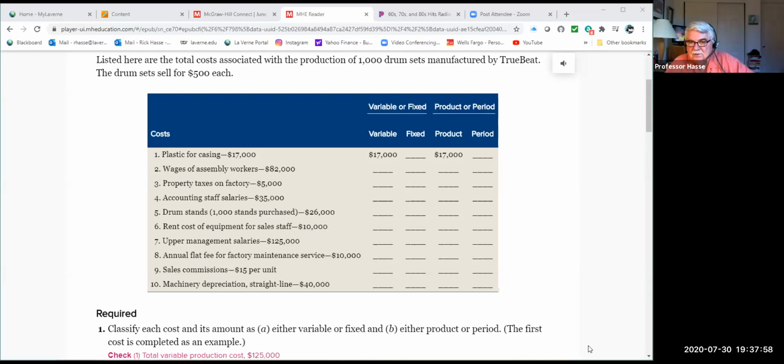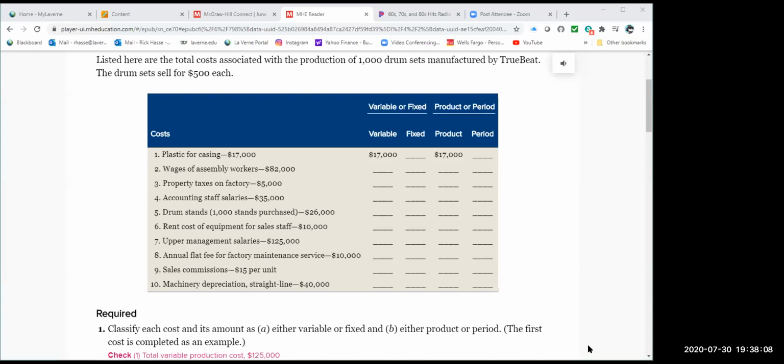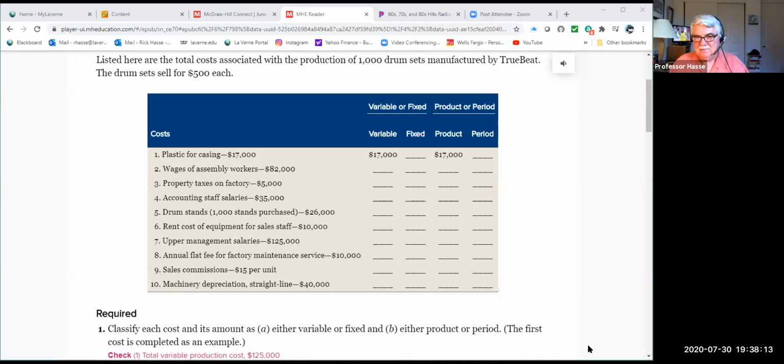Excellent. Maribel, you are sharp. Rent on equipment is fixed and period. Nothing to do with the product. It's a sales team. And it's fixed. It's rent. Has nothing to do with volume. Thank you, Maribel.